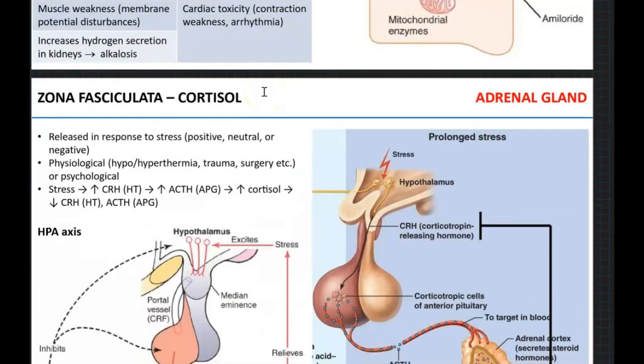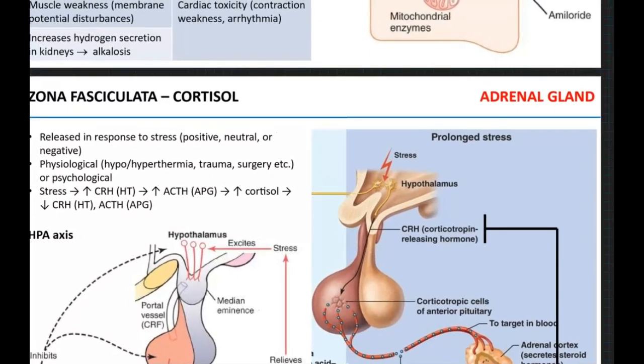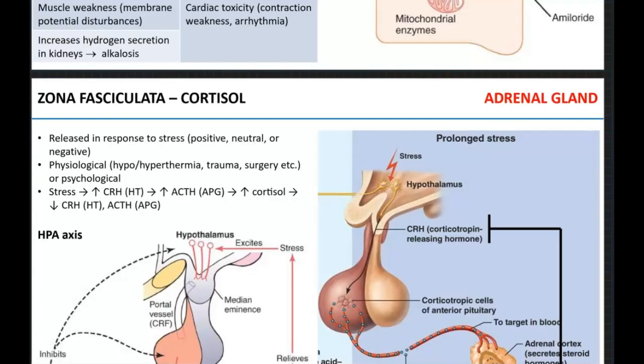So folks, so far we covered zona glomerulosa, which secretes, well, technically it's a steroid hormone, mineralocorticoid, aldosterone. Now we are moving on to zona fasciculata, which releases cortisol.